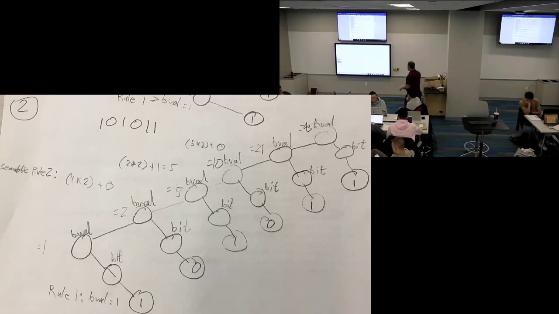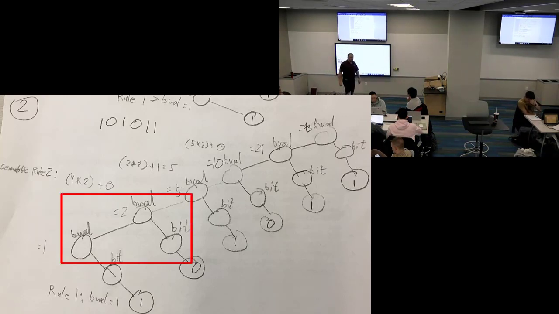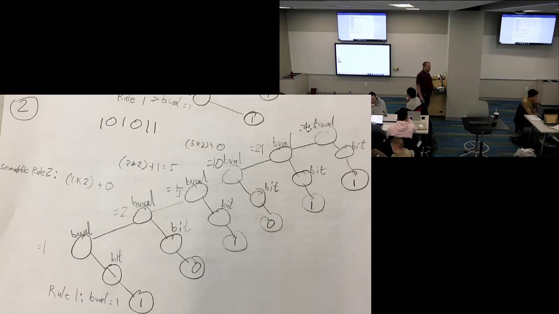So I'm redrawing this line. Now which syntax rule uses this, 2 or 1? It's 1. Okay, you had a 50-50 shot. That is syntax number 1.